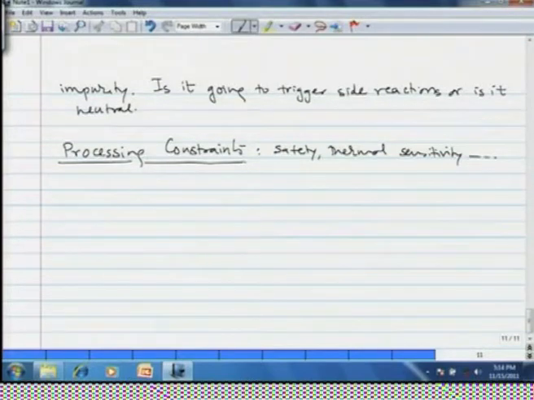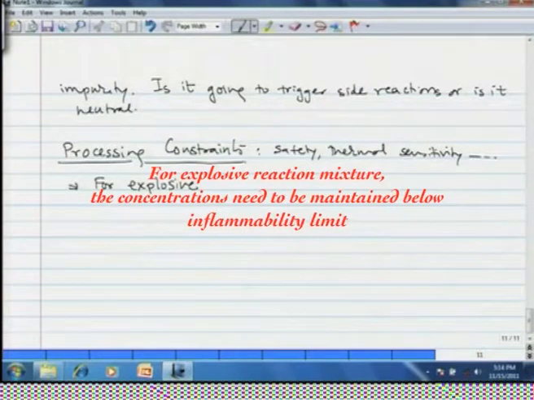Now, if the reaction mixture is explosive, then we need to keep the concentrations of reactant below the explosive limit.